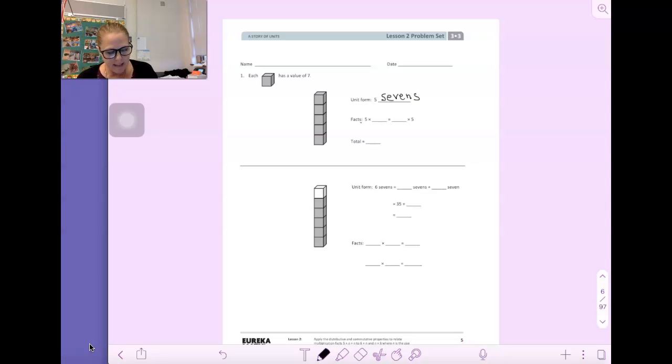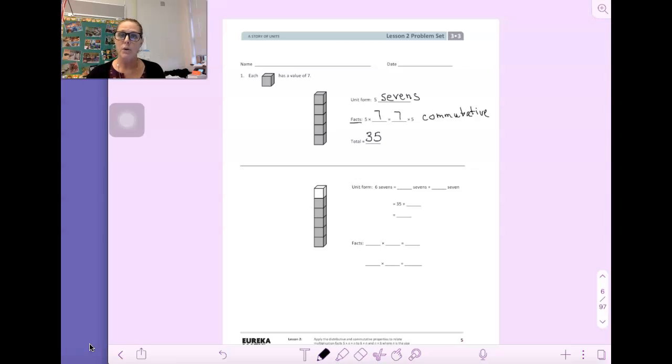Our multiplication facts are 5 times 7, and that's the same as 7 times 5 because of the commutative property. And our total is 35.